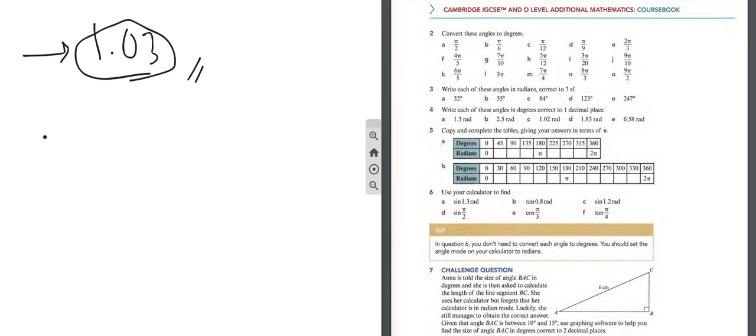Now let me quickly do the D part and E part. Tan, I think you must have understood because we just did that. Sine pi by 2, pi by 2 must be in radians only, I suppose, so it is fine.